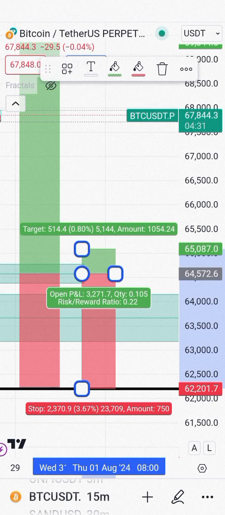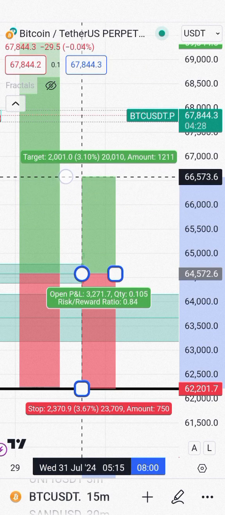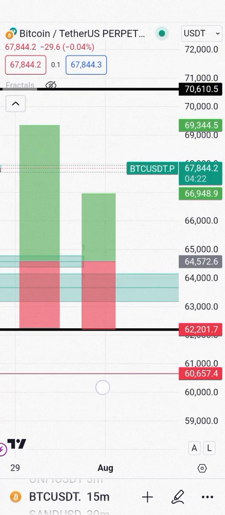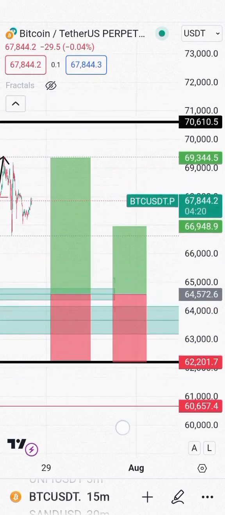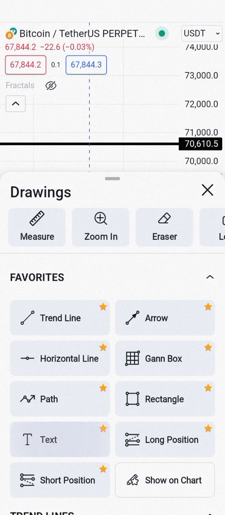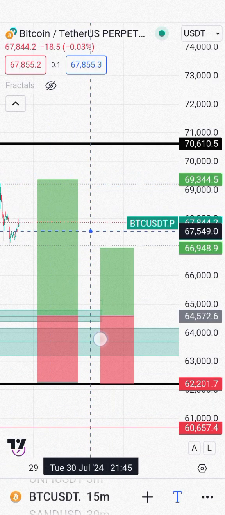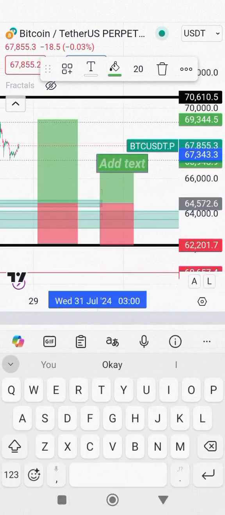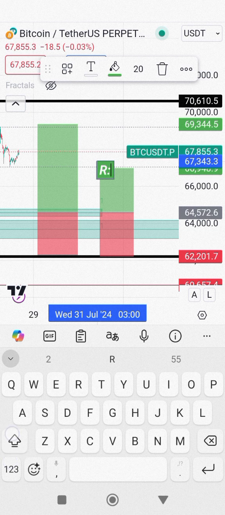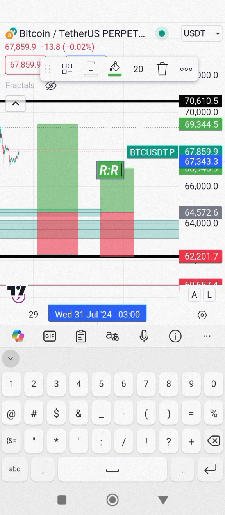Okay, and this is 1-to-1. Yep, so that is it. So we have the 1-to-1 and we have the 1-to-2 risk to reward ratio. So we will start taking profit from 1-to-1. Yeah, so this is the 1-to-1.